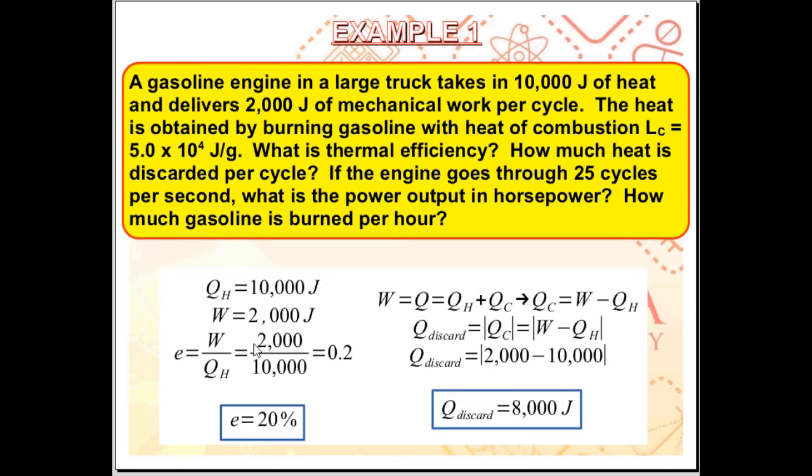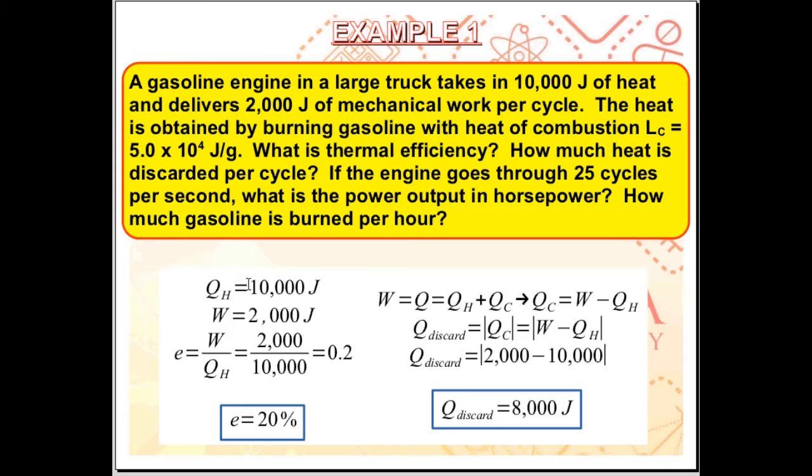So, QH, 10,000 joules of heat is taken in. So QH is 10,000 joules and 2,000 joules of mechanical work is done. So W is equal to 2,000 joules. For a heat engine, efficiency is W divided by QH.